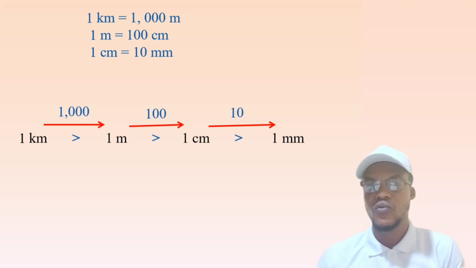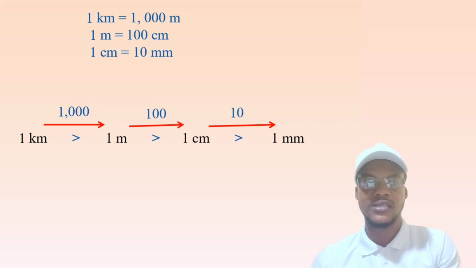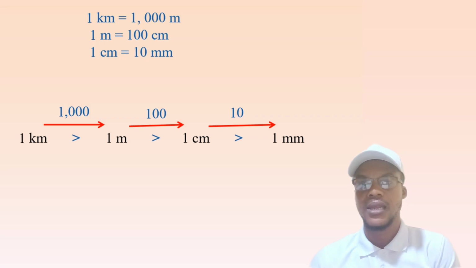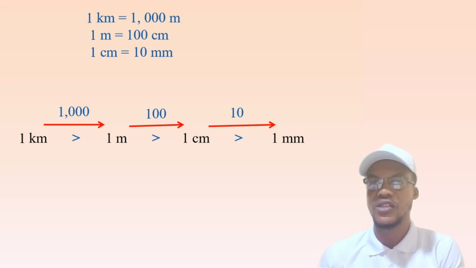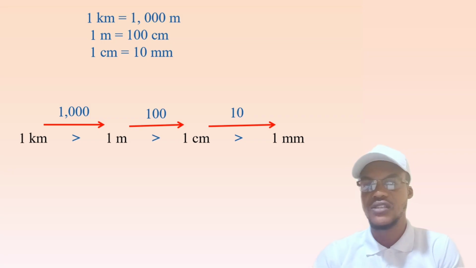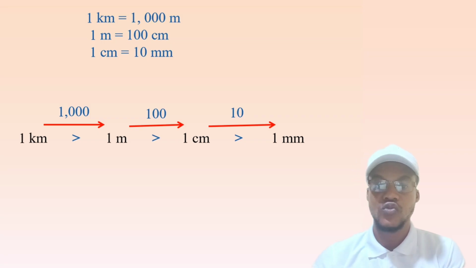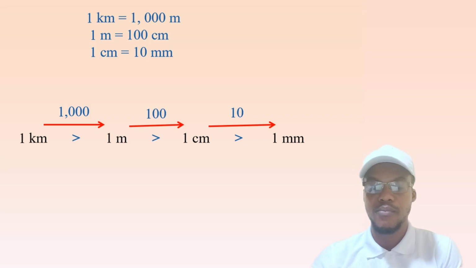So note, when converting from the largest to the smallest, we multiply. But when converting from the smallest to the biggest, we divide. As simple as that. Since we are converting from biggest to smallest, we multiply.